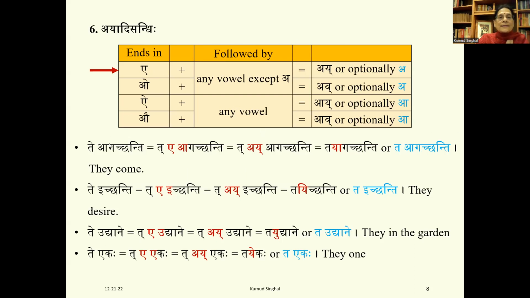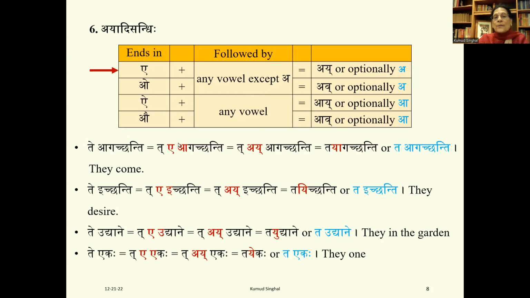So let's take this example. Te agachanti. Te means they come. So the subject is plural and the verb is also plural. So te is ta and a, right?